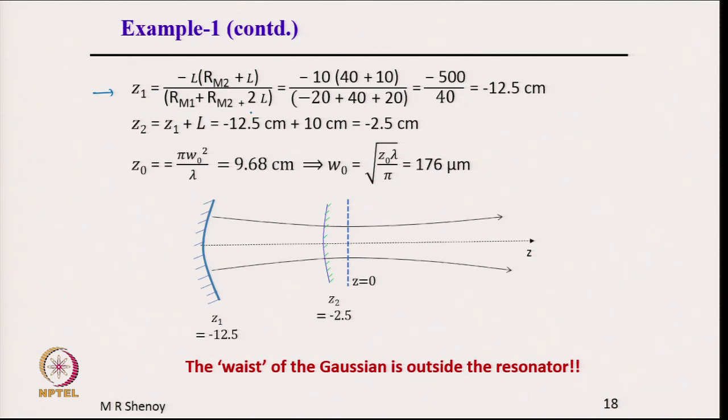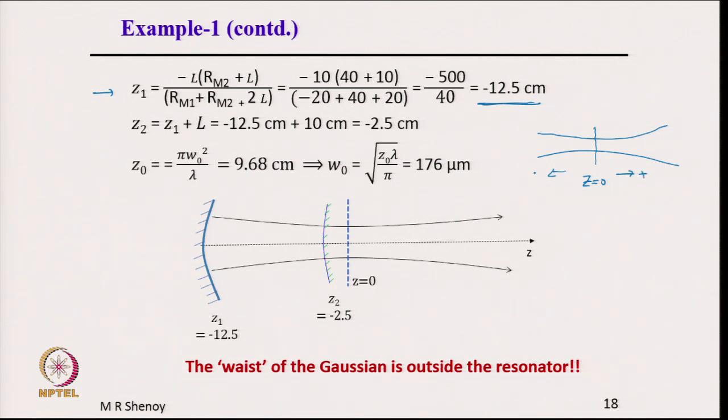Z1 is given by this formula we have derived just now. Substitute the values, please remember to keep the appropriate signs, and then we see that this is minus 12.5 centimeter. For a given Gaussian, recall, the position of the waist is always Z equal to 0. If it is minus, that means you are on this side. If it is plus, that means you are on the other side.